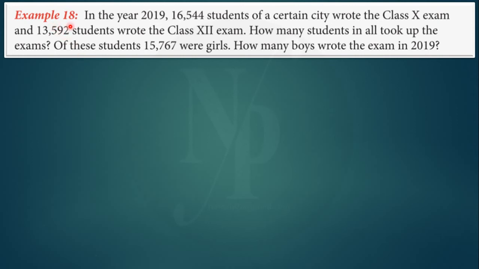Example number 18. So this is a word problem involving both addition and subtraction. Let us go through it and understand. In the year 2019, 16,544 students of a certain city wrote the class 10 exam and 13,592 students wrote the class 12 exam.